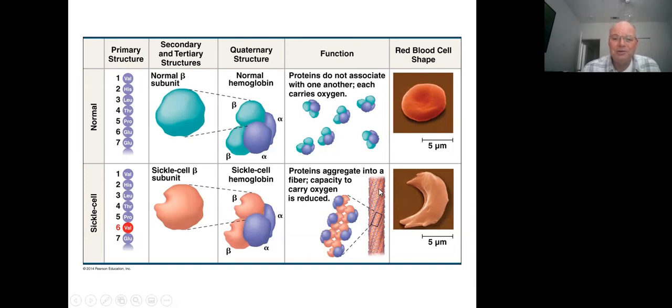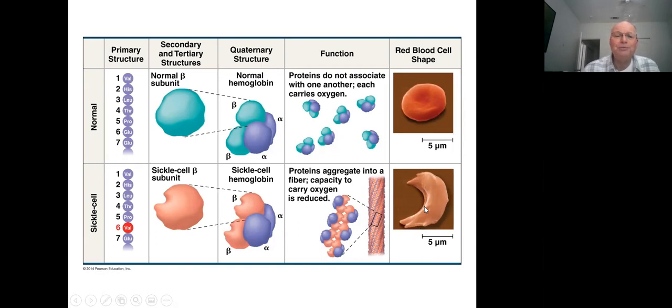And as a consequence, you have a great reduction in oxygen carrying capacity, but it also triggers the reshaping of the red blood cell from its normal biconcave discoid shape to this characteristic sickled shape.